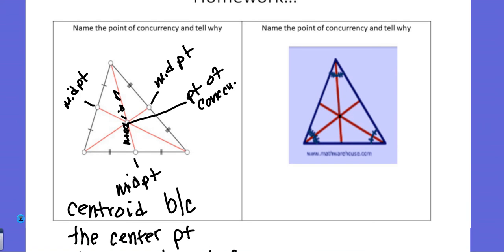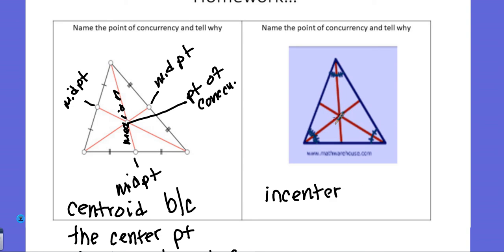Okay, so let's go here. It says name the point of concurrency and tell why. All right, so here's my center point. That's my point of concurrency. And if you notice, I have some marks on angles now. I have angles that are being split in half. So these red lines are called angle bisectors. This point of concurrency that's created by angle bisectors is called the incenter.